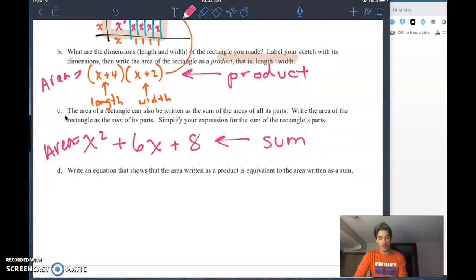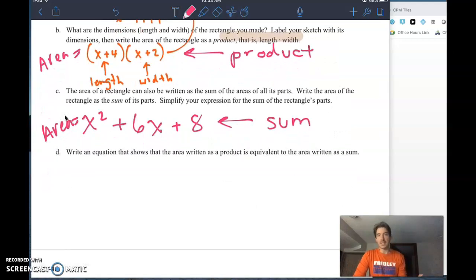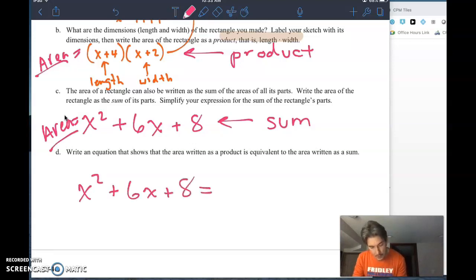Okay? And folks, for the first time, and we're setting the stage for future learning that we probably won't get to until try 3, we are allowed to write these two areas because they're both the exact same thing, right? They both say area right here. I can set that sum equal to that product.